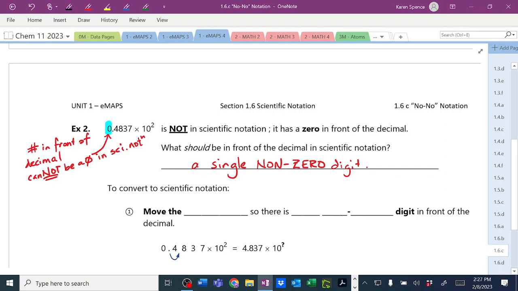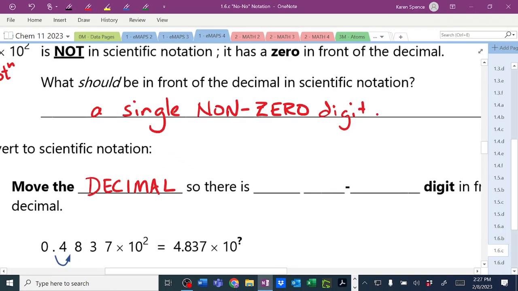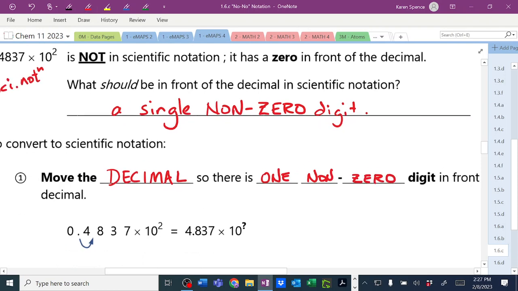We are going to move the decimal so that there is what in front of the decimal? One non-zero digit in front of the decimal.